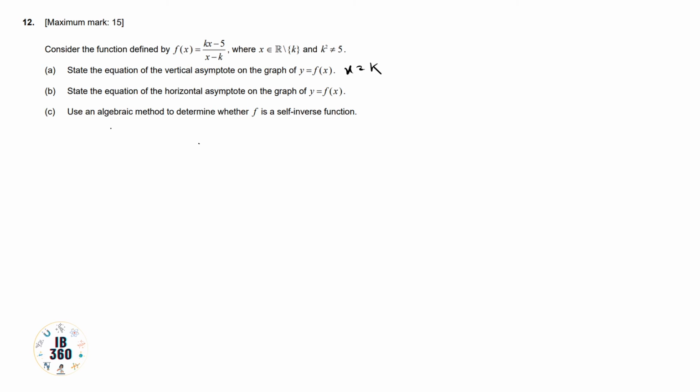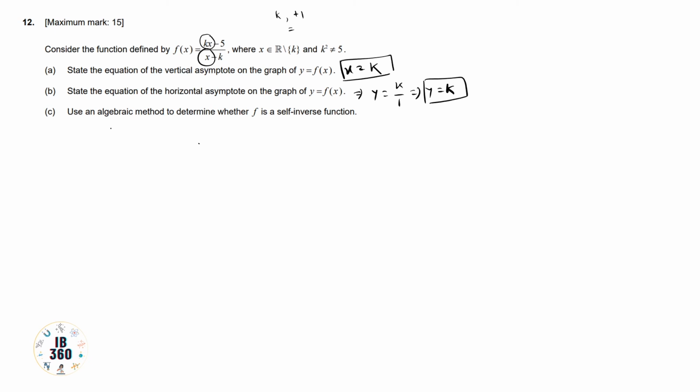For the horizontal asymptote we just need to divide the coefficients. The first coefficient is k and the second coefficient is plus 1. So the horizontal asymptote is y equals k by 1, that is, y equals k. So this is the horizontal asymptote and this is the vertical asymptote.